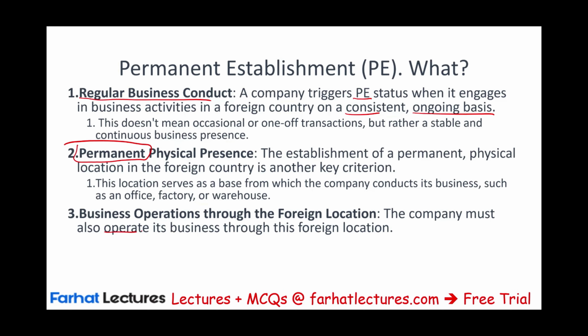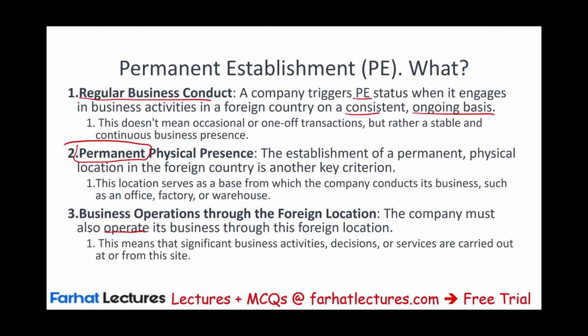You are operating the business through that location. This means significant business activity, decisions, or services are carried out at or from that site, whether that site is an office, factory, or warehouse. So once we establish permanent establishment, how does it reveal itself? This is what we're going to be discussing next.